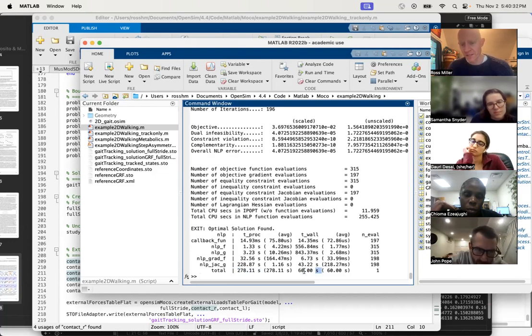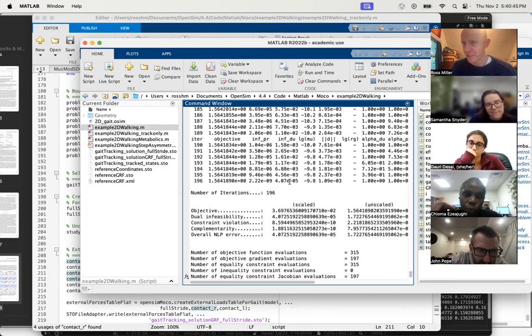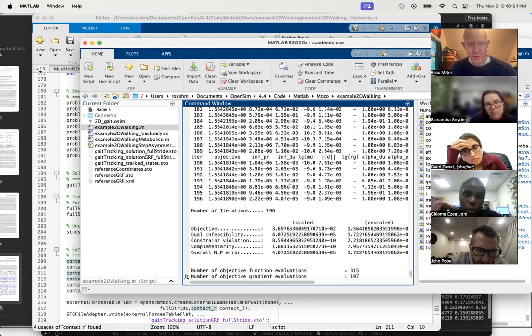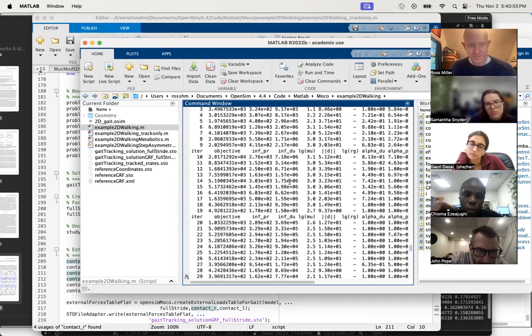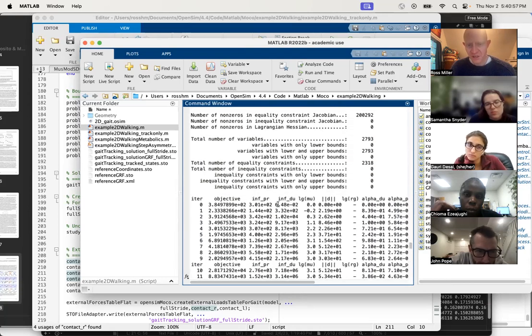But T wall here is the amount of time on a clock on the wall that elapsed while this was running. The rest of this is often not terribly useful to us, unless you're really deep into the minutia of optimal control methods. The one thing that is valuable here is while it was running, you see these numbers getting printed out line by line to the screen.